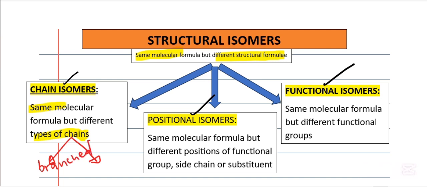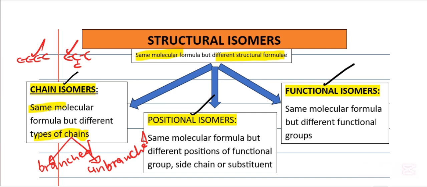Then a compound that is straight with no branch, I will say unbranched. So we draw the chain isomer: one will have a branch, the other will have no branch. But when you count the number of carbon atoms, oxygen atoms, hydrogen atoms, they are equal. But one has a branch and the other does not.